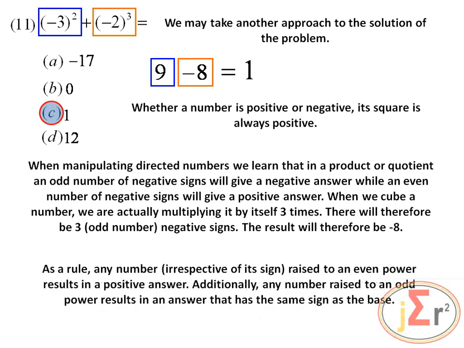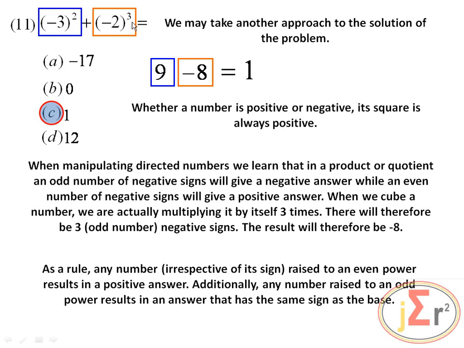As a rule, any number, irrespective of its sign, raised to an even power results in a positive answer. Additionally, any number raised to an odd power results in an answer that has the same sign as the base.